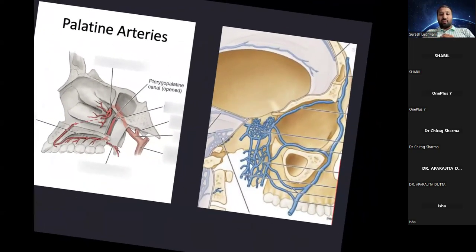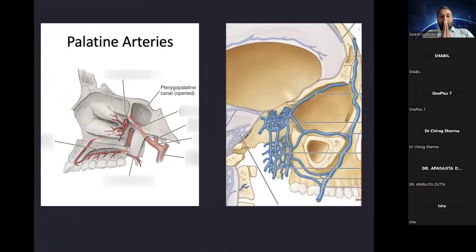The next important thing is, are there any life-threatening vessels present over there? Yes, there are, but they are in a slightly superior place. So again, I want you to remember two things: the pterygopalatine canal and the pterygoid plexus.